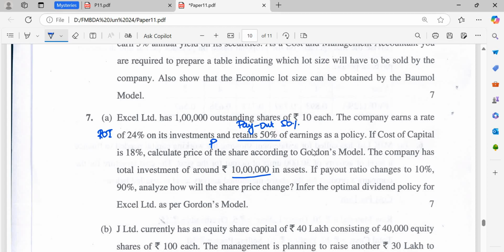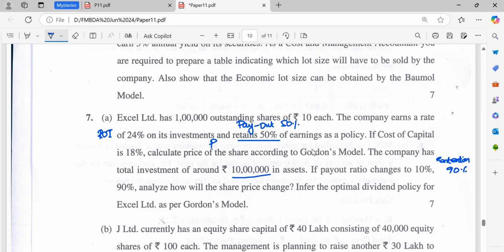So now they are asking, payout ratio changes to 10%. So this one is the second point, and the third point is 90%. In both these cases, retention ratio will change. If payout ratio is 10%, my retention ratio will be 90%, right?